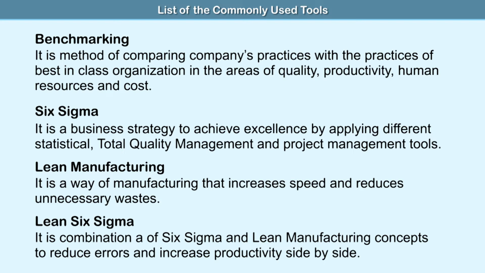Lean manufacturing. Lean manufacturing is a way of manufacturing that increases speed and reduces unnecessary waste. Lean Six Sigma. Lean Six Sigma is combination of Six Sigma and lean manufacturing concept to reduce errors and increase productivity side by side.